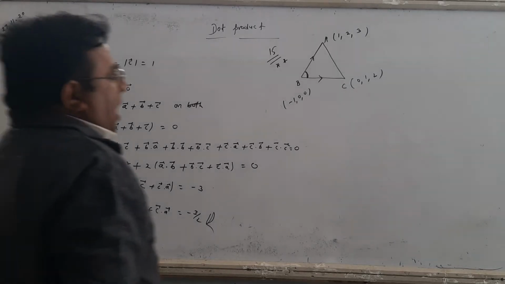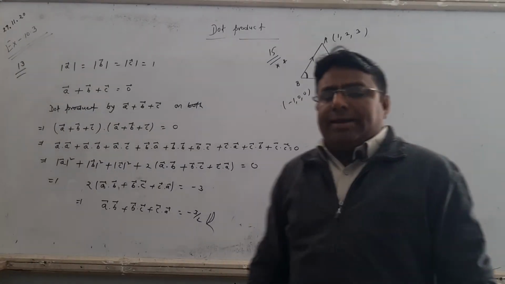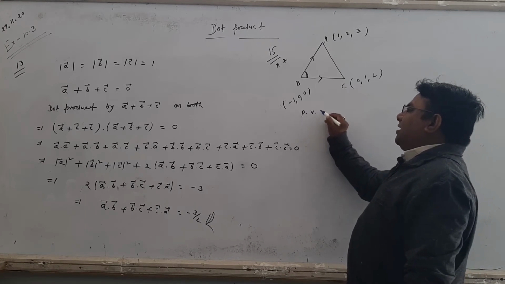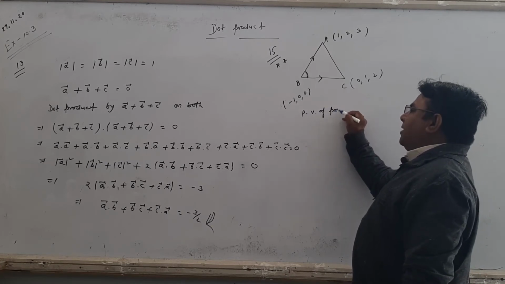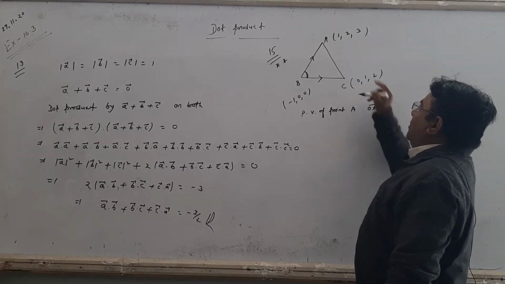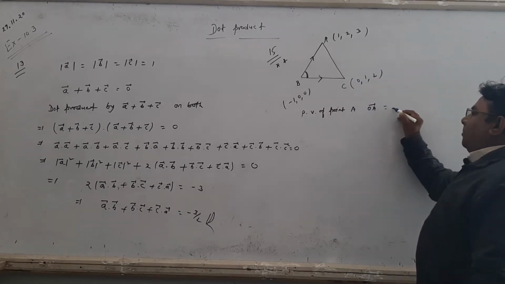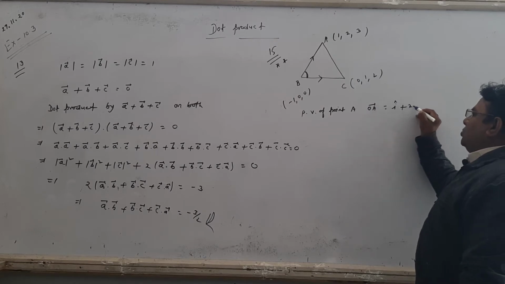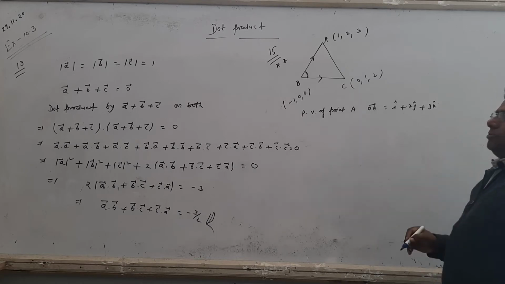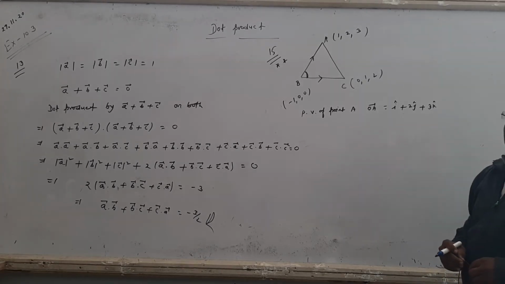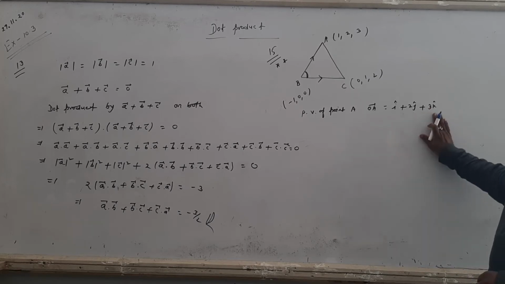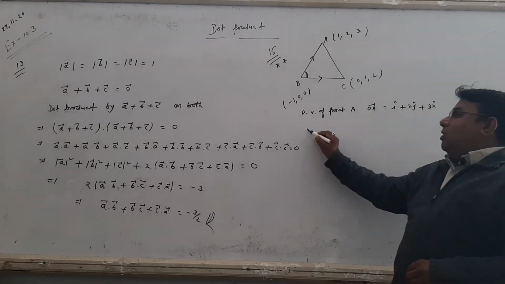So now look here, first thing, these vertices are in Cartesian form. Now write in vector form. So the position vector of point A, that is vector OA, is 1 i cap plus 2 j cap plus 3 k cap. You know, students, i cap, j cap, k cap are unit vectors. i cap is a unit vector along the x-axis, j cap is a unit vector along the y-axis, and k cap is a unit vector along the z-axis.